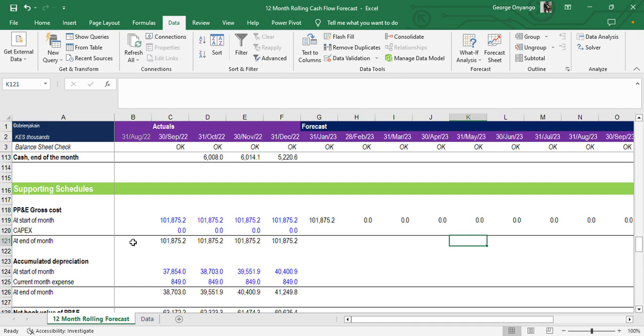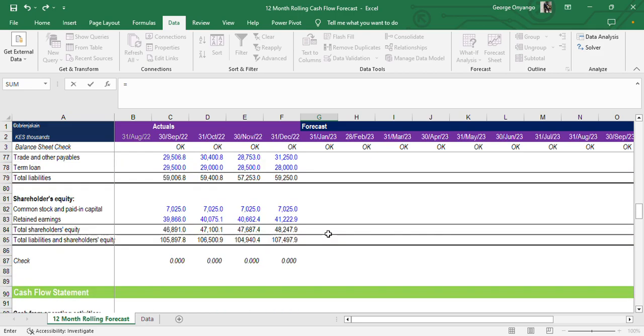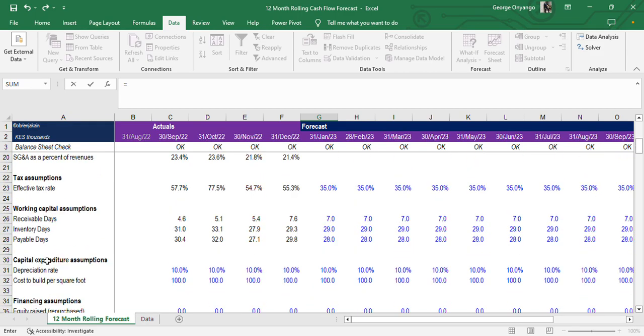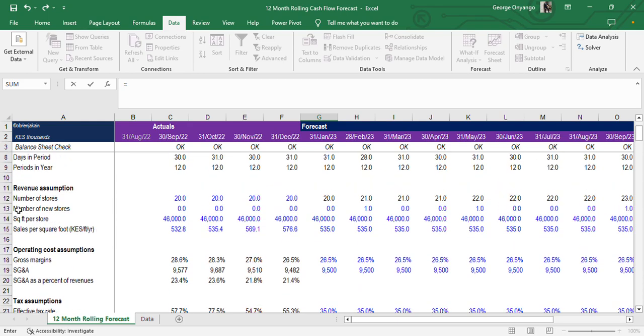So to get the capital expenditure for that month, we are going to look for the new stores, if they built any new store. The number of new stores was that. We multiply by the square feet per store.